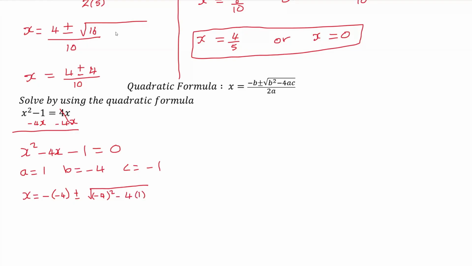A is 1 and C is -1, all over 2 times A. So if we try to simplify, so then you get x is equal to +4, double negative again, plus or minus 4 squared is 16. And then we have double negative, right? -4 times -1, that's +4. So this gives you +4 all over 2.